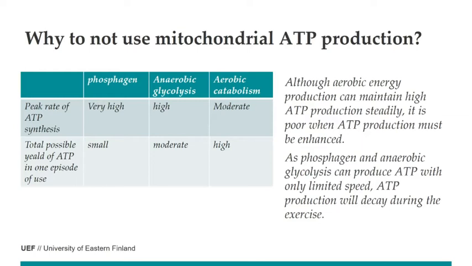And of course, with the phosphagens, if you have a high amount of creatine phosphate, that's a battery. So you release all the phosphate from the battery to produce ATP, but then the batteries are out of charge. That's why these phosphagens are only for a very short period.